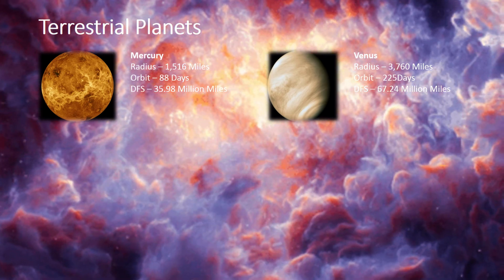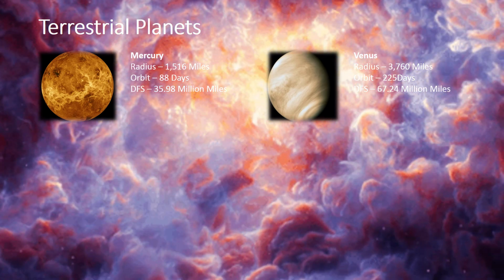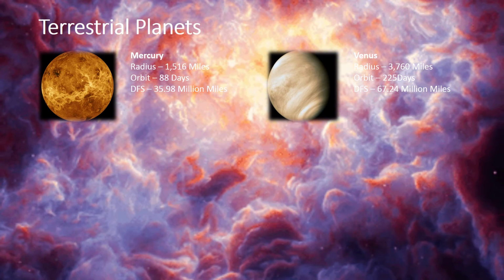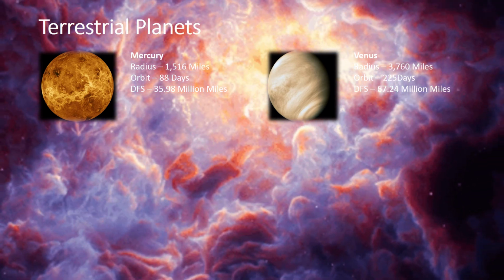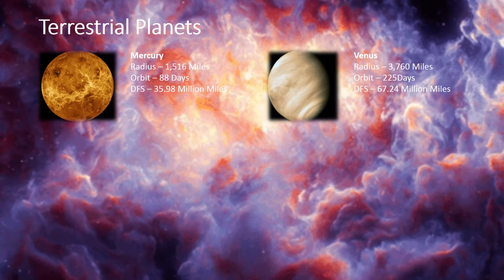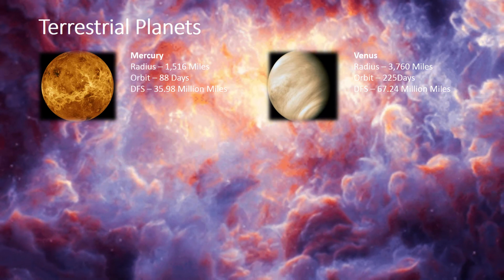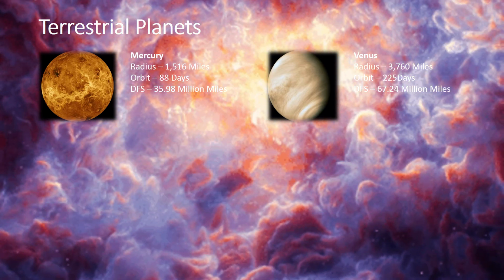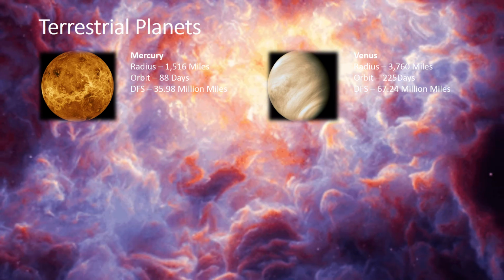Now, Venus, because it is a little bit further away, it takes a little bit longer to get around the sun. So it takes about 225 Earth days to get around the sun, and it's almost twice as far away from the sun as Mercury is.